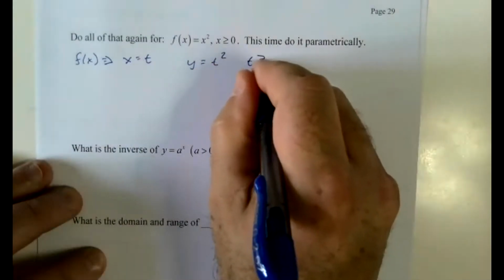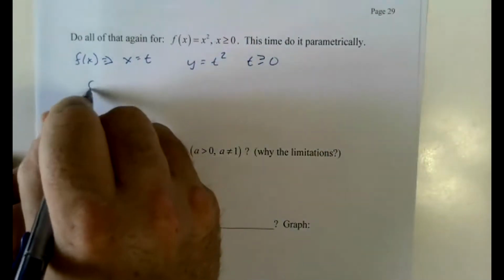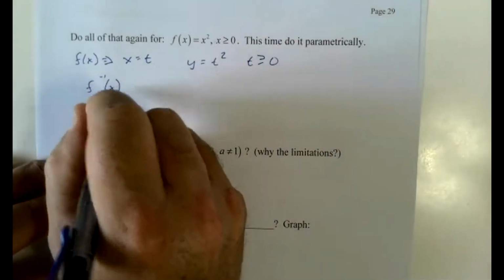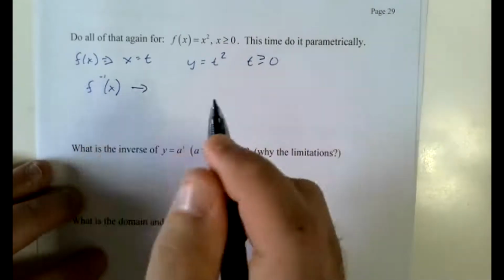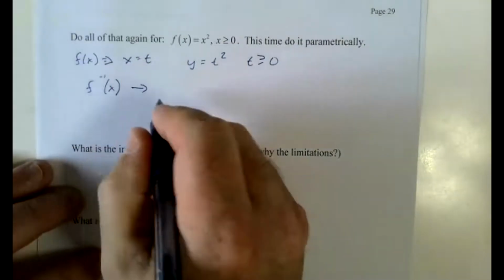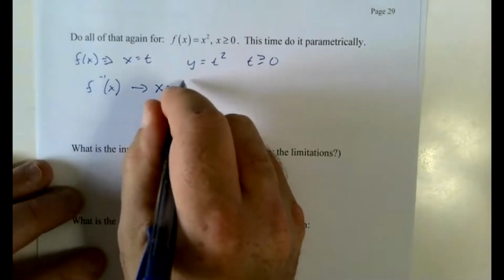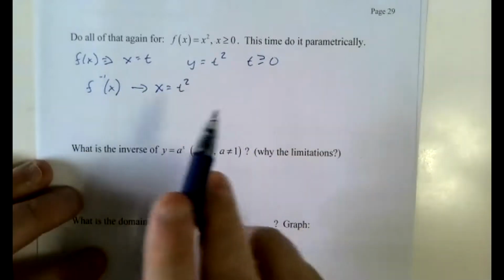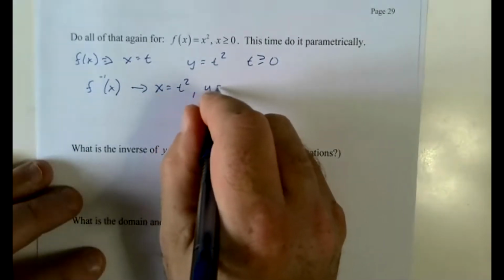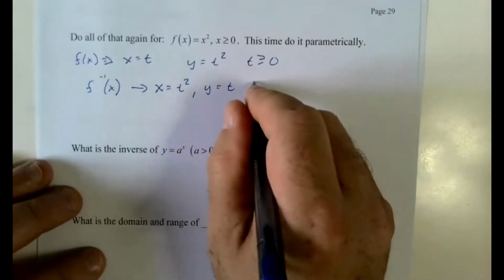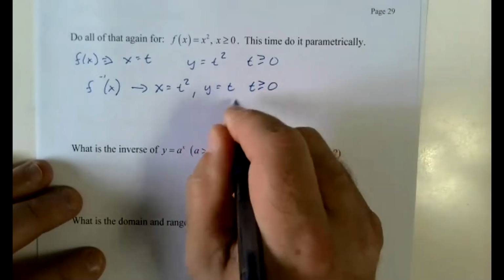And t has to be greater than or equal to 0 due to this constraint here. The inverse would be to flip the x and the y: x equals t squared. No, you will never have to do this. And y equals t, and t still has to be greater than or equal to 0.